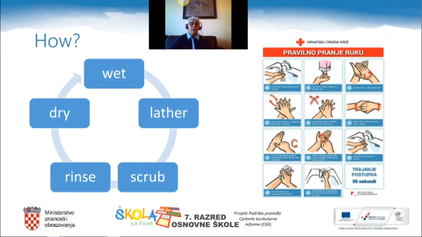Your task now is to look at the pictures, to follow the procedure, to remember the words, and to practice saying aloud, describing the procedure.